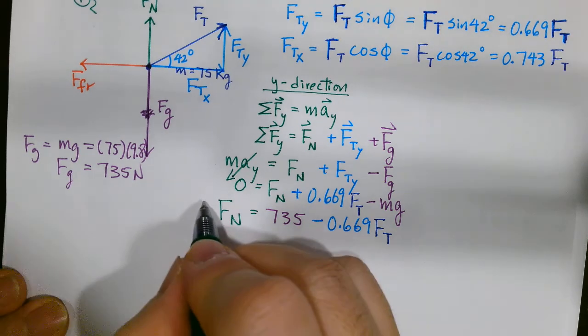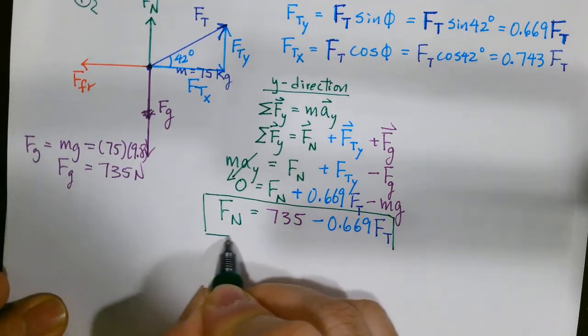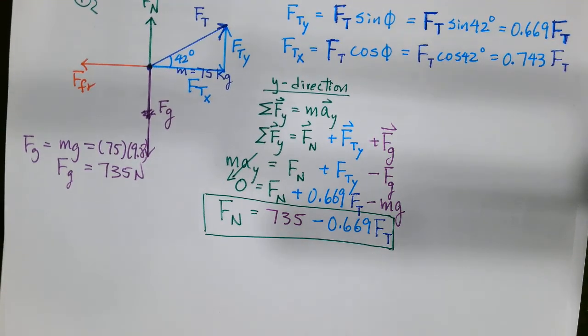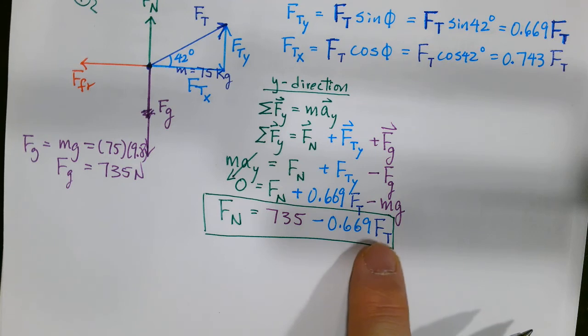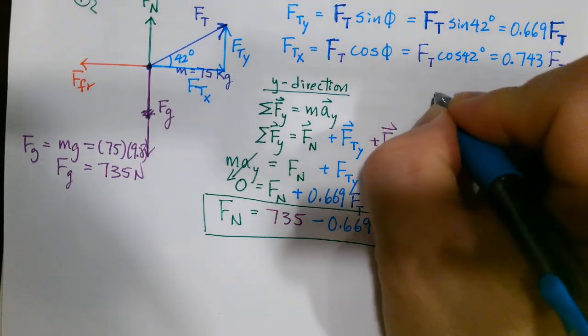So I have one equation here with two unknowns. Ultimately, we're looking for this. So now let's take a look at the x direction.